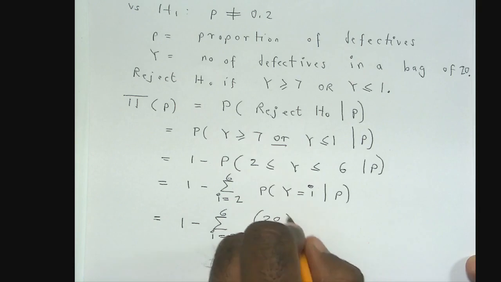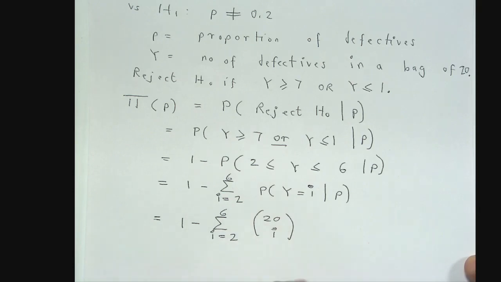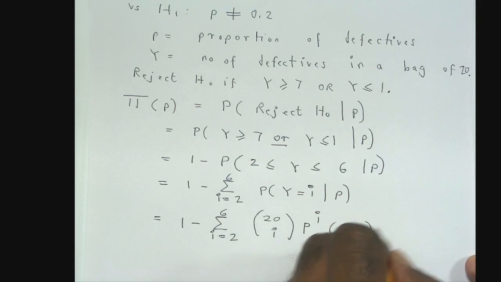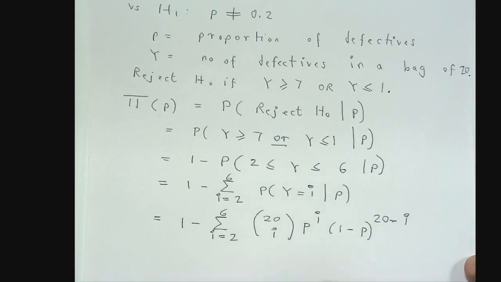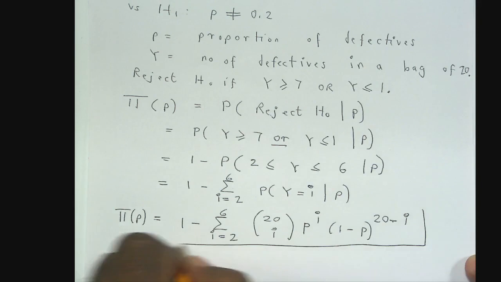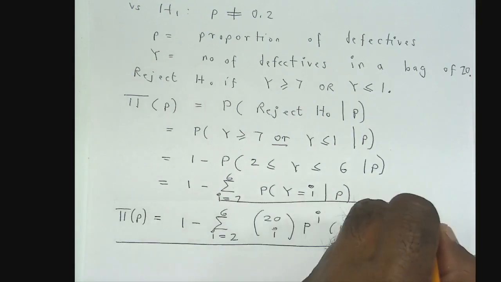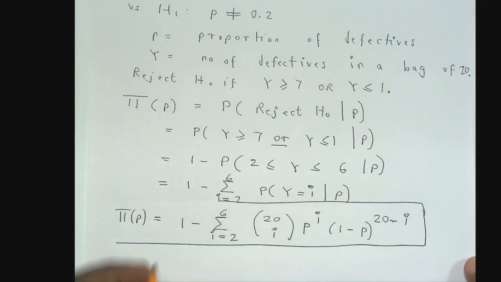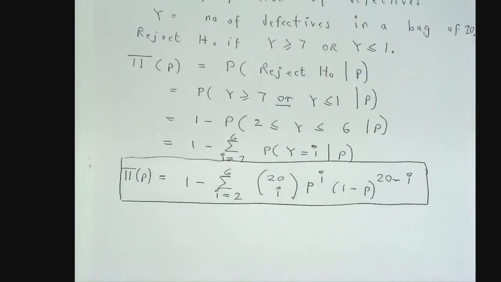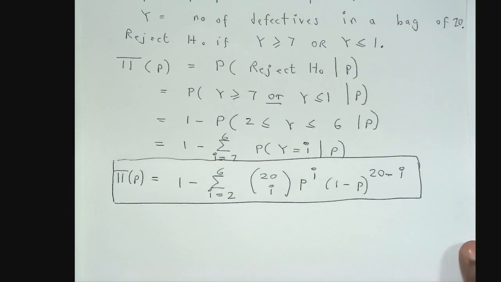You guys know the probability mass function for the binomial, I'm sure all of you know that. What I have written here is the PMF of the binomial distribution. So this is the power function for p, right? That's what you are asked to find.